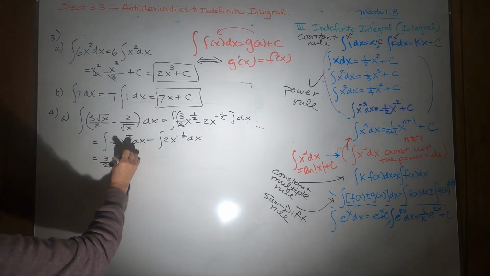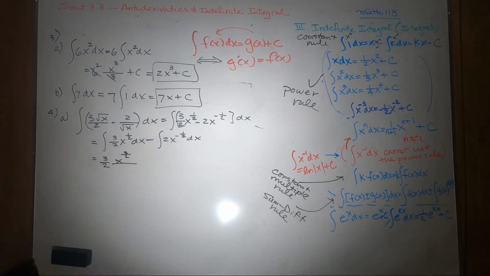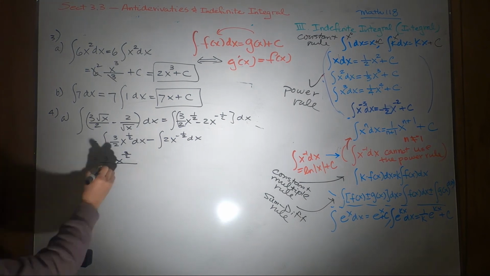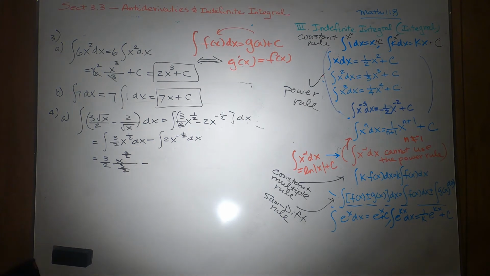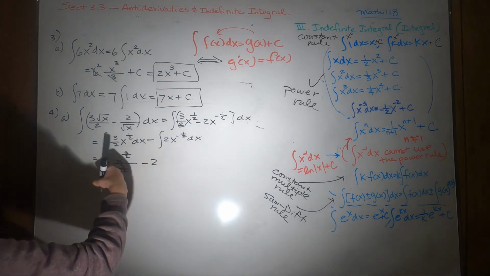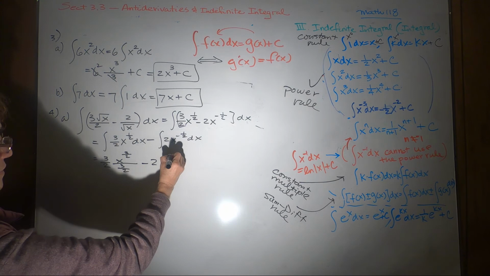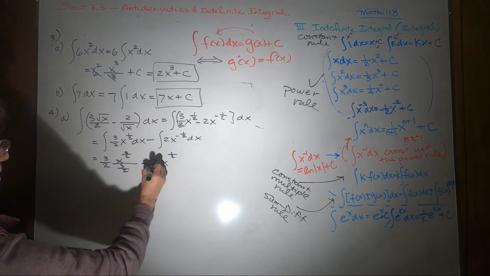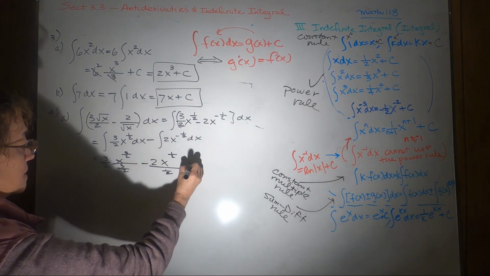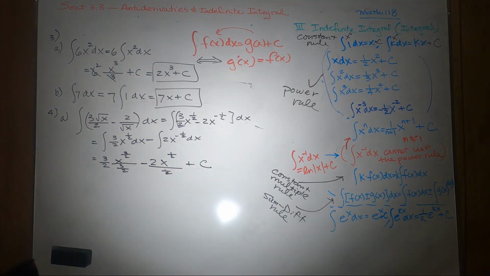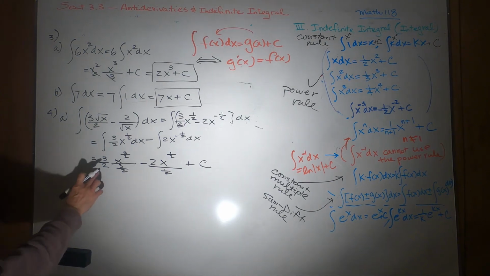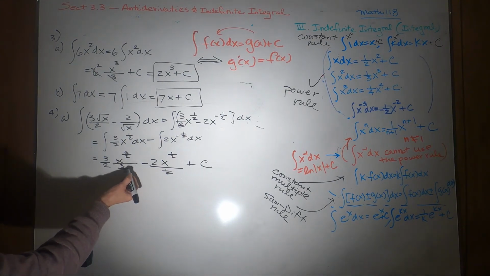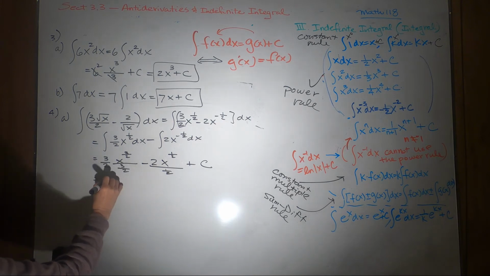One level higher will be 3/2, then divided by 3/2, minus 2 with the constant outside. One level higher will be half, divided by half, then plus a constant. Then 3/2 divided by 3/2 times 2/3, that becomes 1.